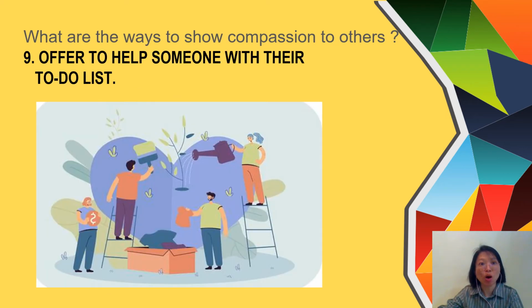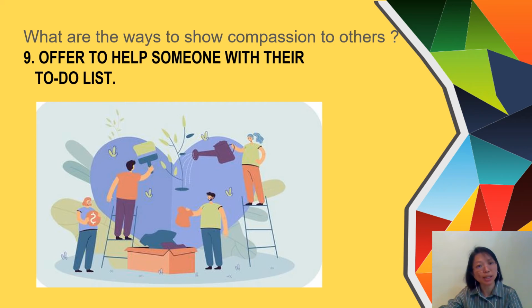You can also offer to help someone with their to-do list. Like what you can see from the picture here, different people do different things, and sometimes you may find that your friend or your neighbors, even your parents, even your family members or anyone that you meet will be very busy.